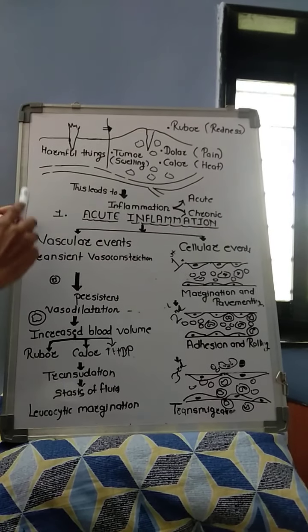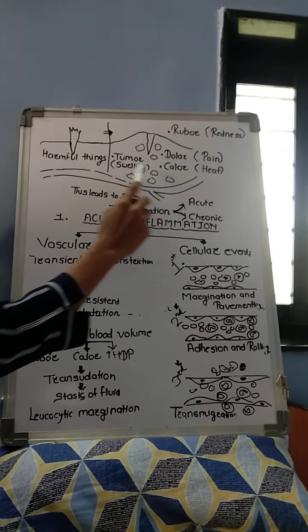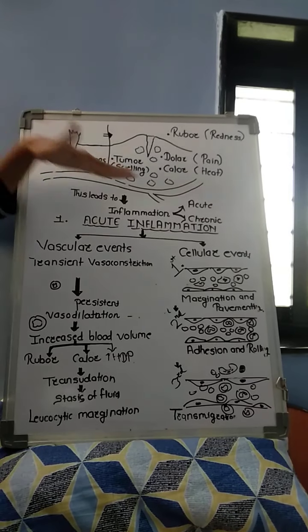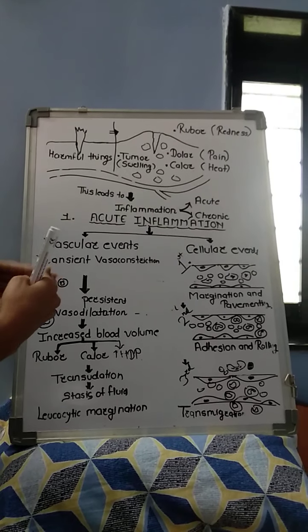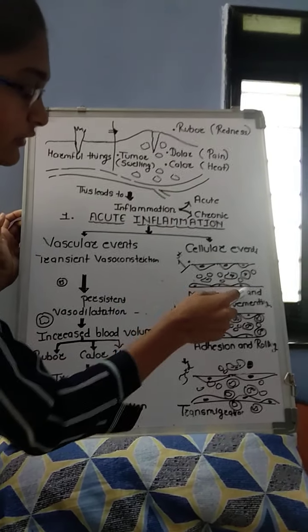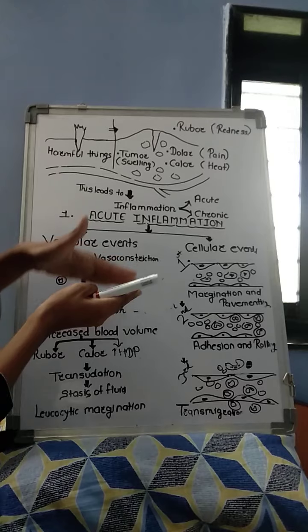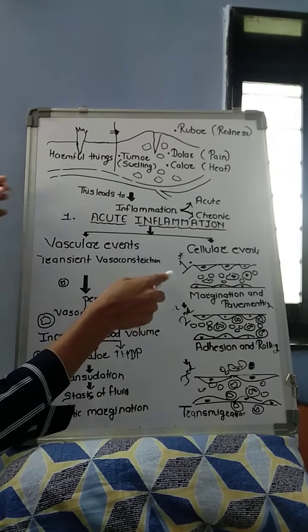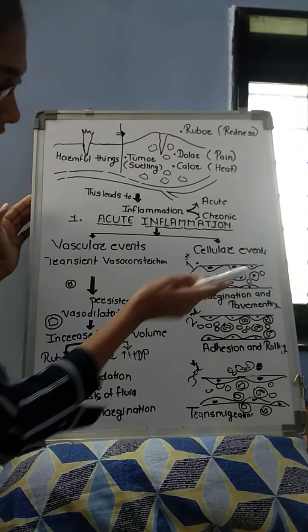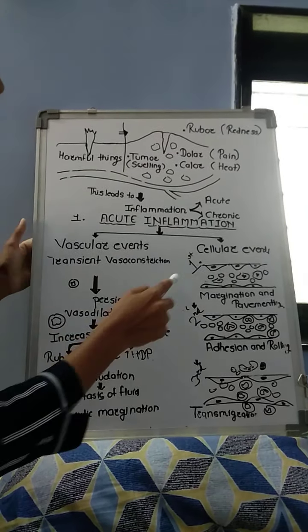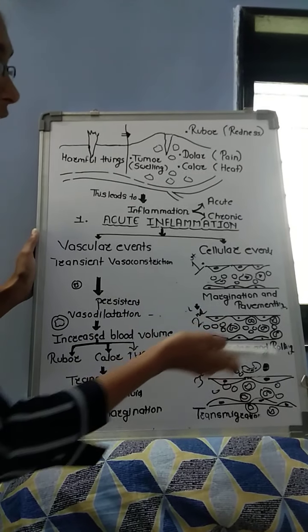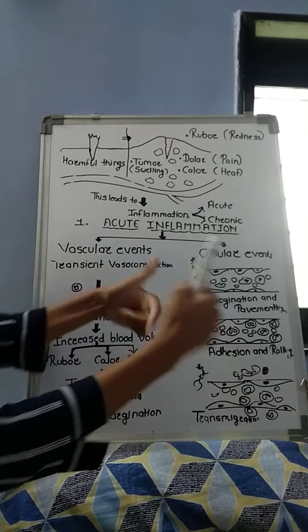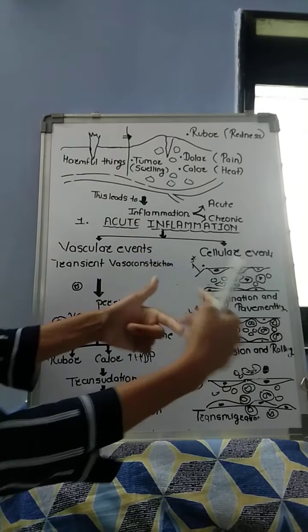How does this occur? The blood flow is slow and axial while flowing, and when injury occurs, margination occurs at the cell. This gives rise to the dilation of the red blood cells in the middle, so they get widened, and margination occurs at the side, and after that these leukocytes adhere to the endothelium surface, and then start rolling on the surface.